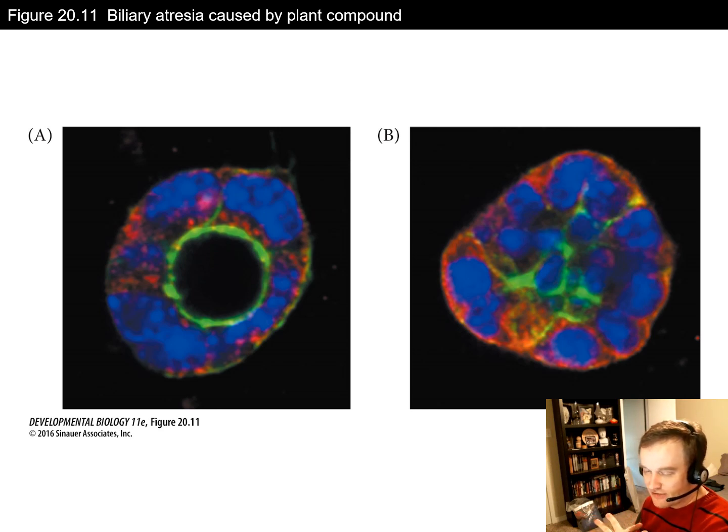During development, if you were to ingest this biliatresone, the bile ducts associated with the gallbladder were then closed. So you have this kind of environmental developmental interaction that occurs.